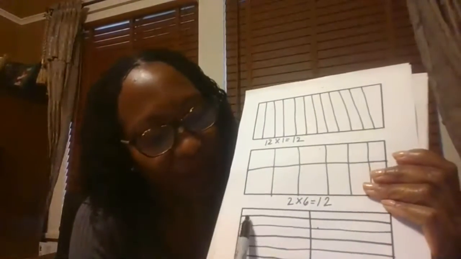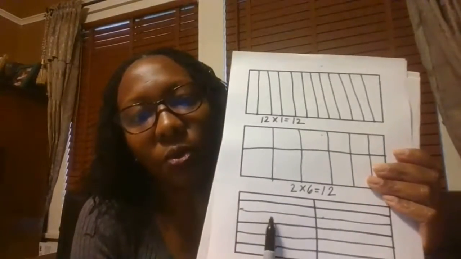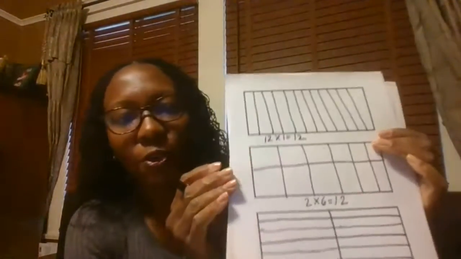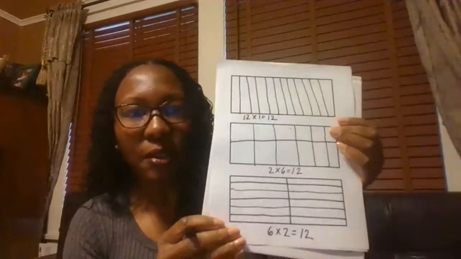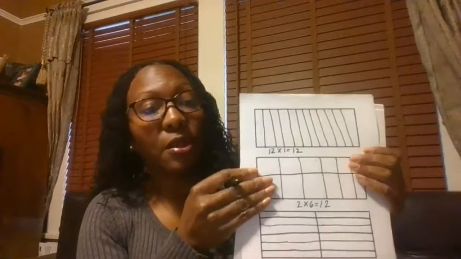So we have 6 times 2, and this is also equal to 12. So far, we have 3 ways of partitioning or sharing our pizza.